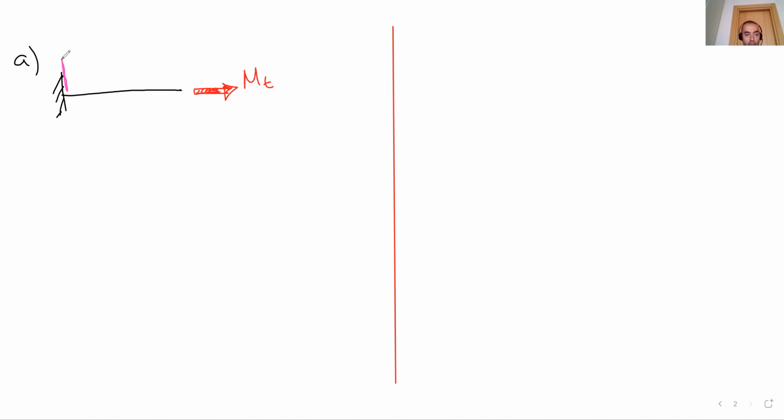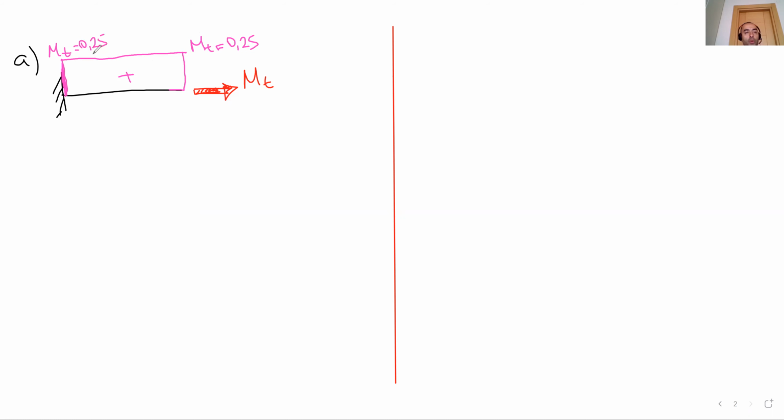So it's totally constant all along the cantilever and positive. So it will be like this. MT means here 0.25.